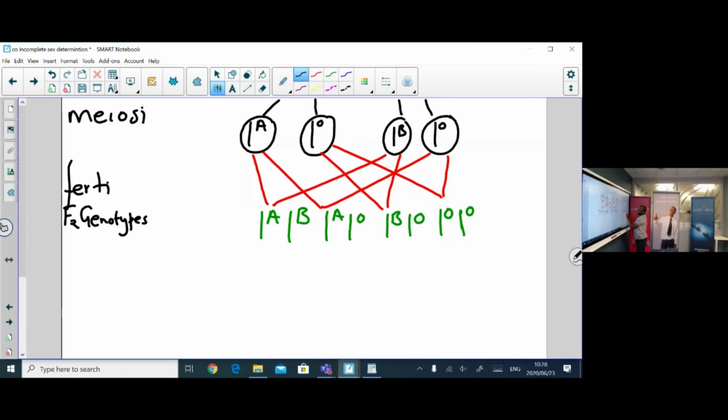They are still genotypes. This one becomes A, B. Sorry, my apologies.